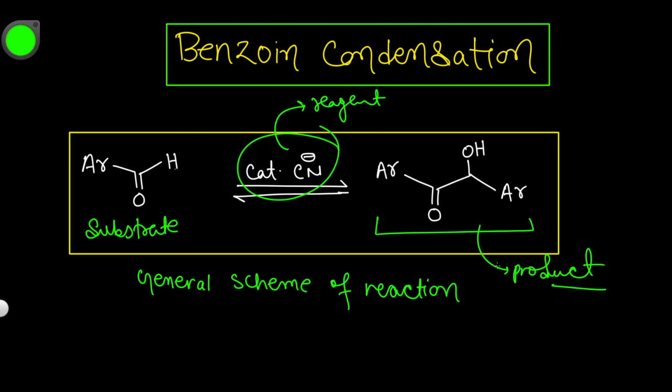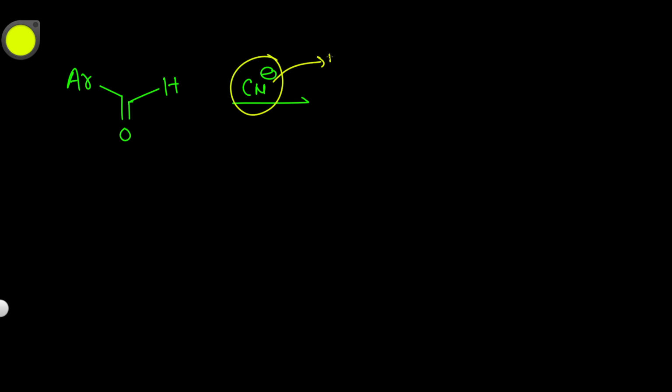Now let's start the full detailed mechanism, how the reaction is happening. Let me clear all this. So I have a reaction: Ar double bond O, here H, and here we have taken CN minus. We know that CN minus is a nucleophile.